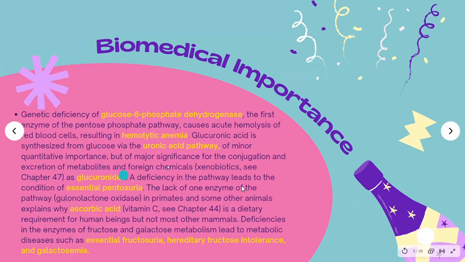Now, this uronic acid pathway is a pathway in lower animals, which they can produce vitamin C. But in humans, the absence of this enzyme in the uronic acid pathway, gulonolactone oxidase, in primates, that includes monkeys, apes, gorilla, and us, we cannot form ascorbic acid.